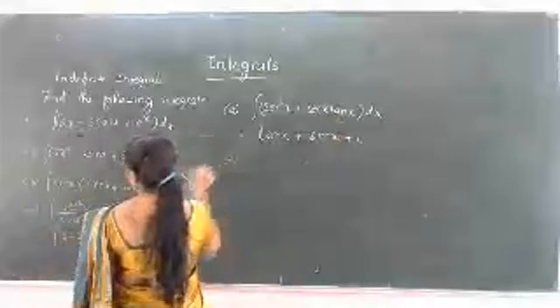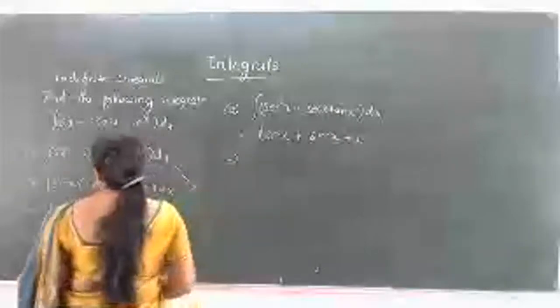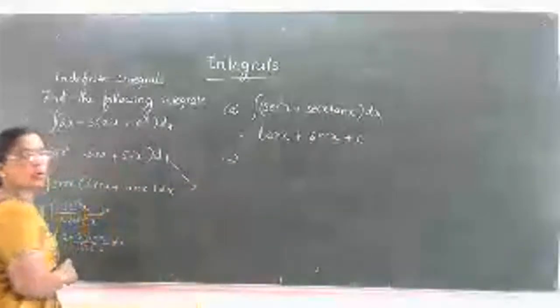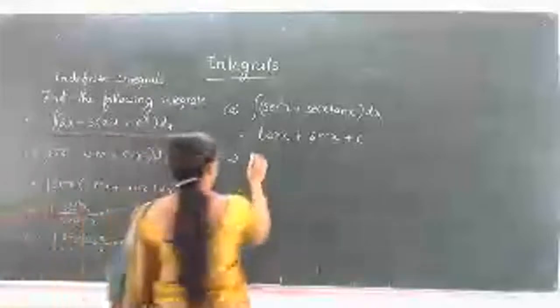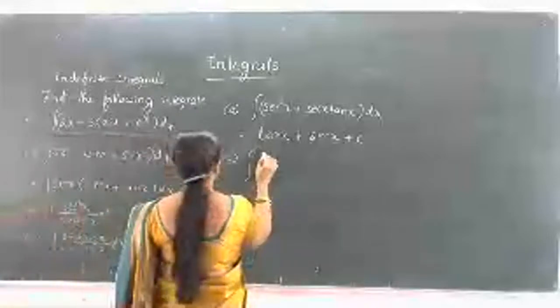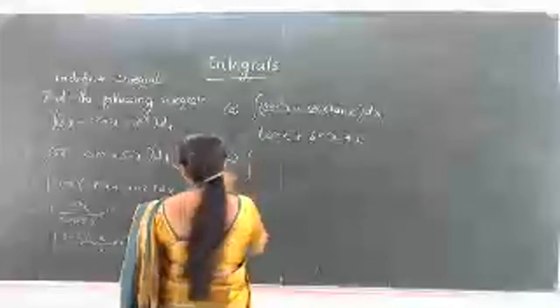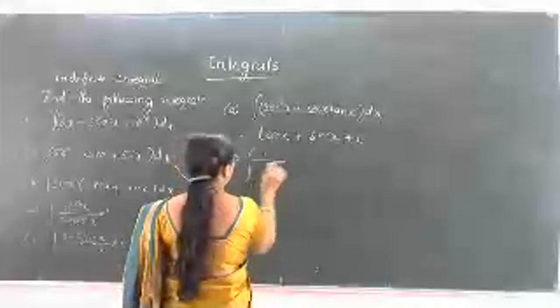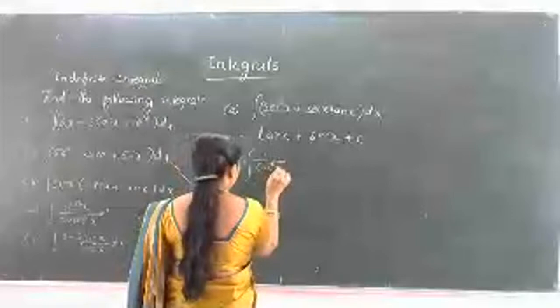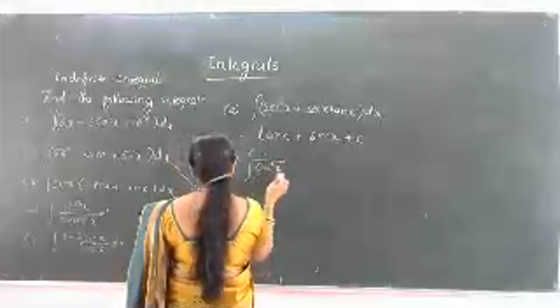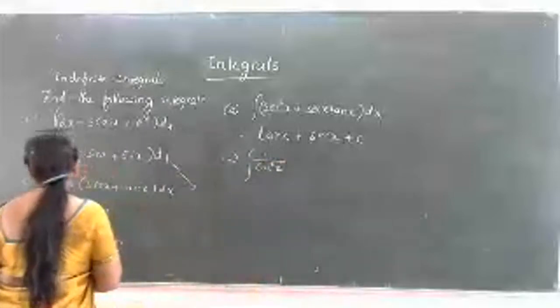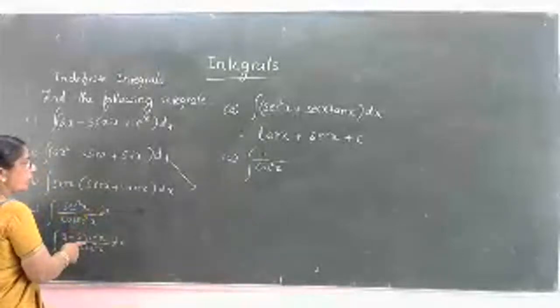Fourth one, which is secant square x divided by cosecant square x. We can write it in reciprocal form. Secant square x is 1 by cos square x, and cosec square x is 1 by sin square x.